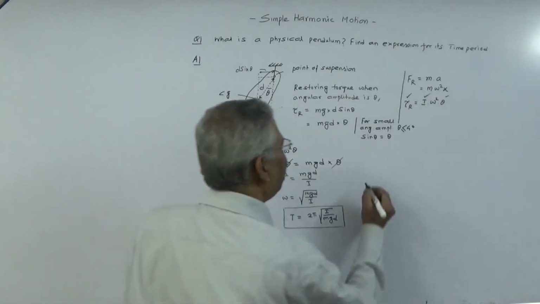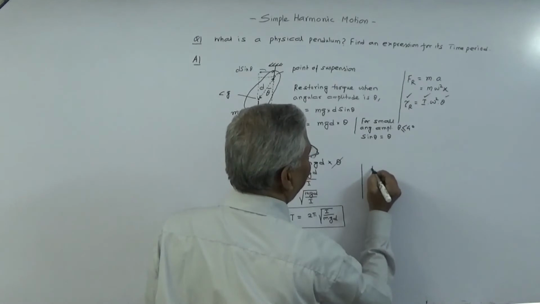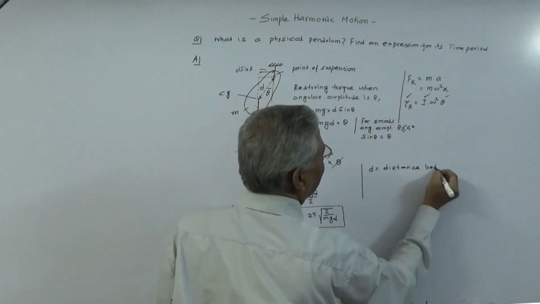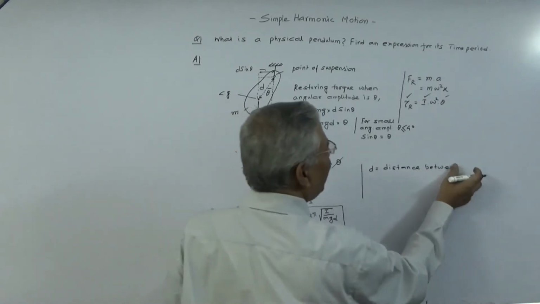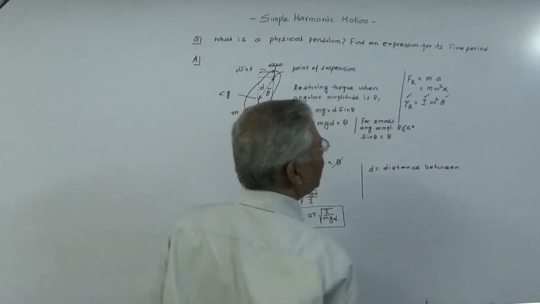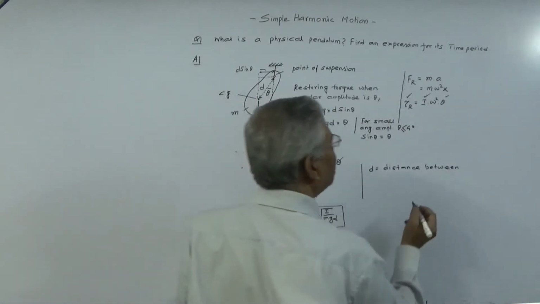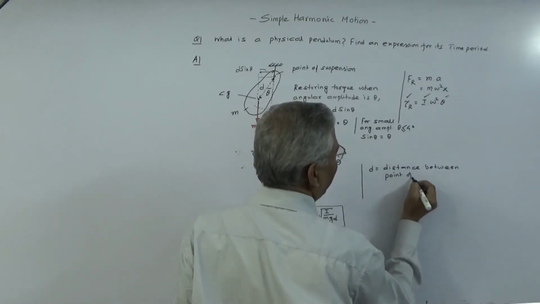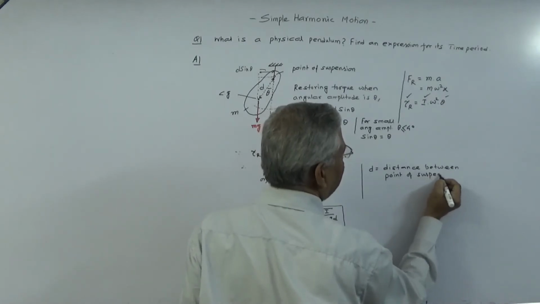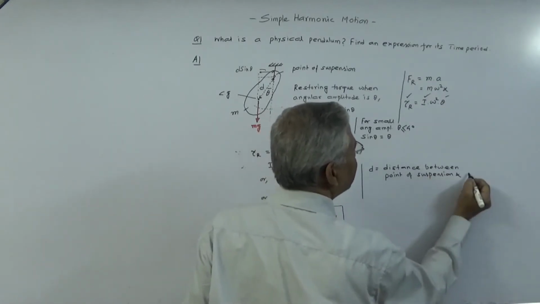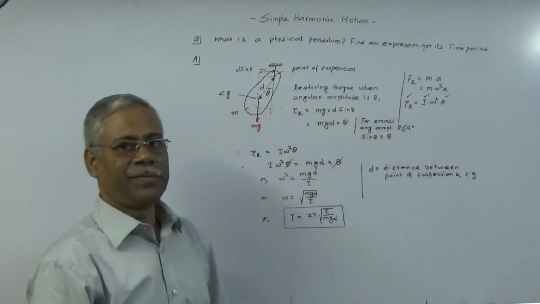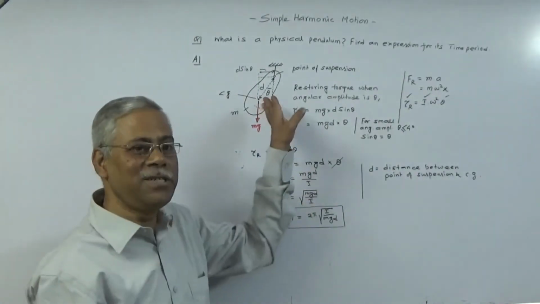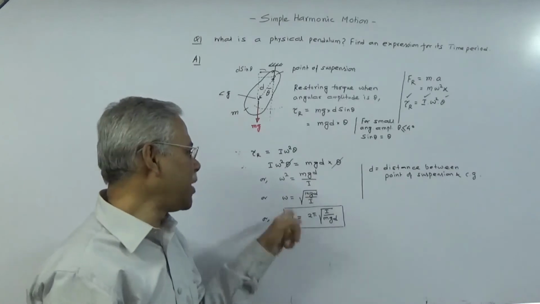What is d? d equals the distance between the point of suspension and the center of gravity, CG. Okay, so you understood this discussion? You will remember this formula. What is I?